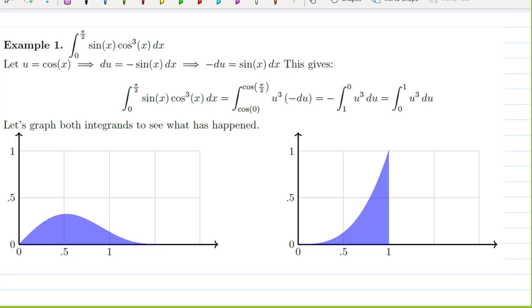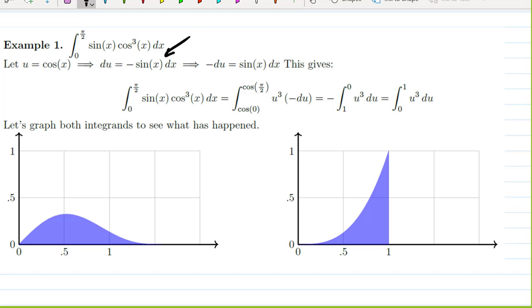In this example, we're going to choose to let u equal cosine x. If we do, then the derivative, we'll write it in terms of a differential, like what we did back in chapter 4.